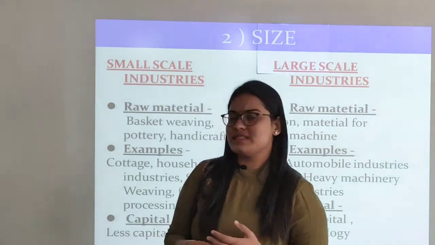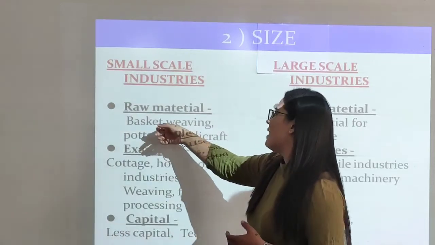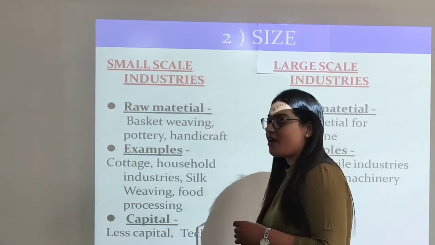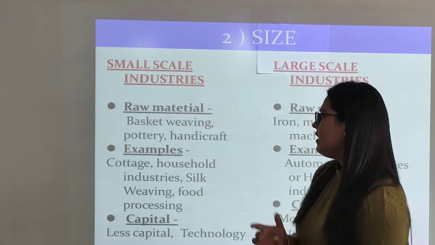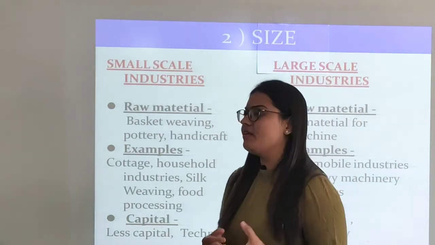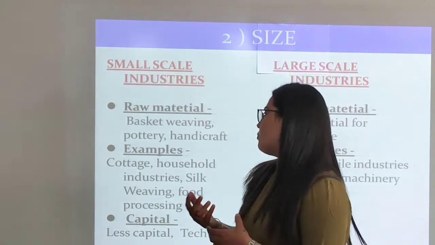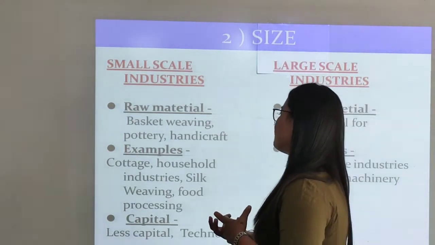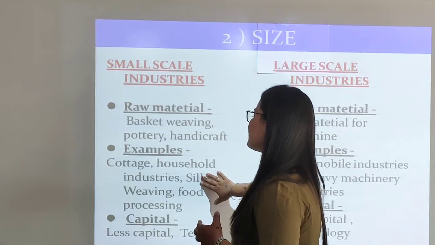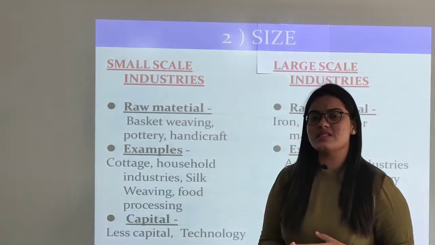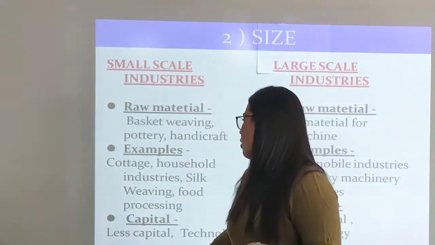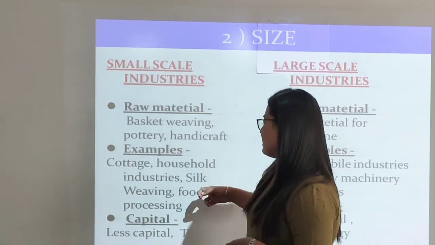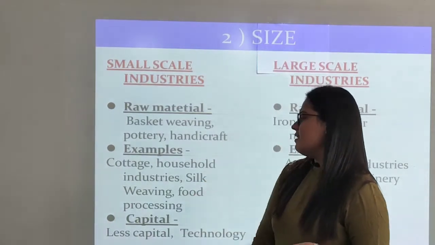So we will be discussing raw material now: basket weaving, pottery and handicraft. They use raw materials such as wood for basket weaving, clay materials for pottery, and for handicrafts. Examples of small scale industries are cottage and household industries, silk weaving industries and food processing industries.